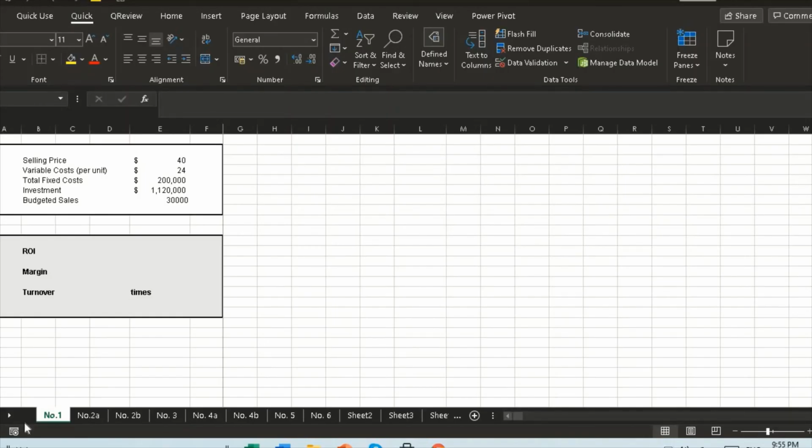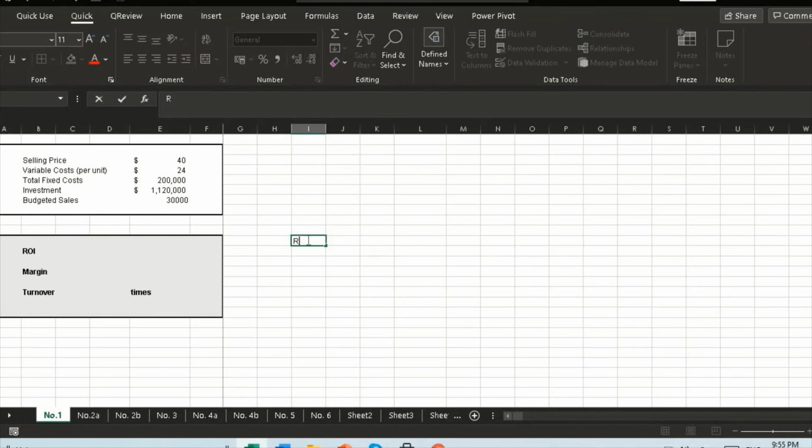To calculate the division's return on investment, we will divide its net operating income by the total cost of investment. To calculate the net operating income, we must first calculate the sales.